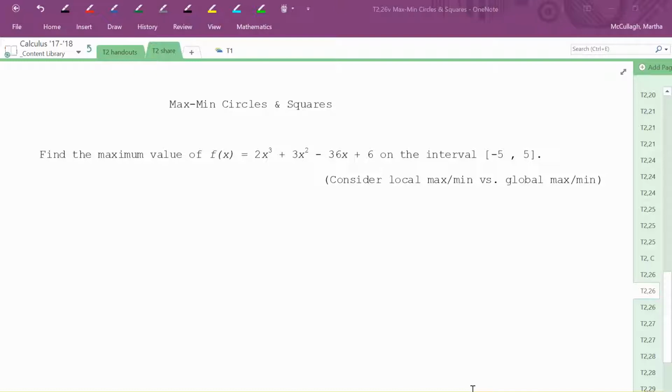And the same thing pertains to minimums. When you get to the bottom of a valley, it's called a local minimum. You get to the bottom of another valley, it's a local minimum. Now it may be that one of those local minimums is the lowest that you're going to get all day, or it may be that you ride your bike from that mountaintop home down to sea level, and at the end of the day you end up at the coast, and that's the lowest you're going to get to overall, and that's your global minimum.